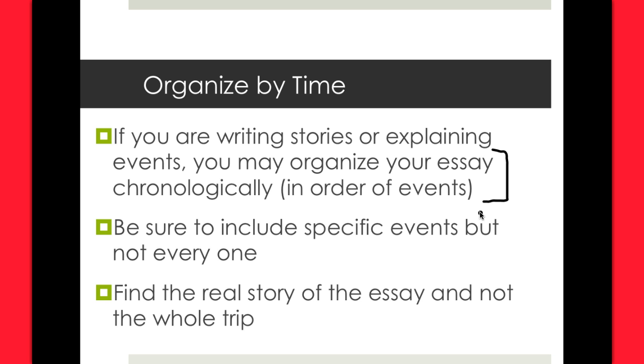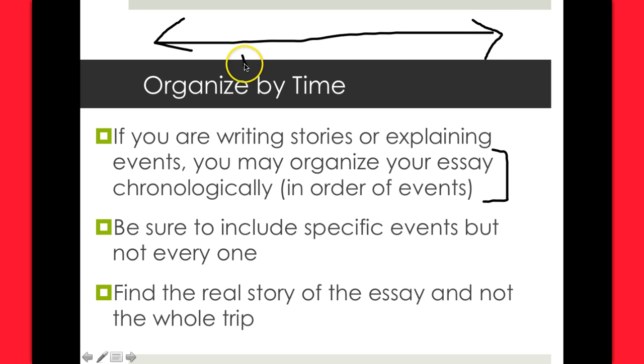And so, when you're writing your essays, especially with a chronological order one, you have your timeline that might be one day. And maybe instead of writing about the whole thing, you write about from here to here.